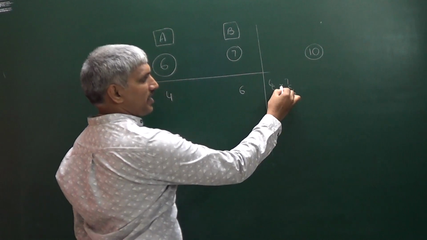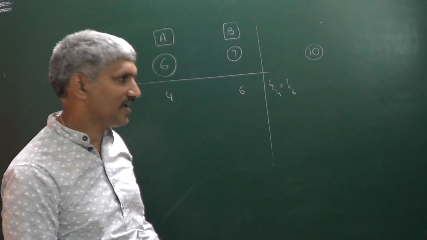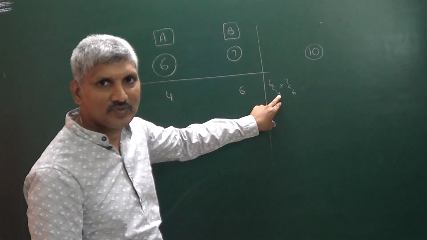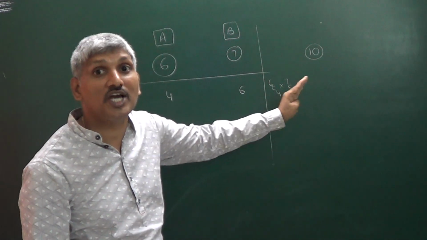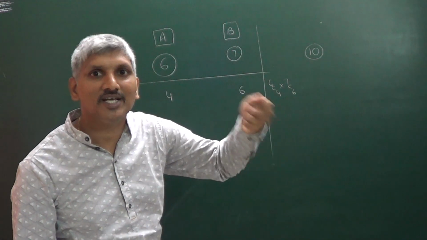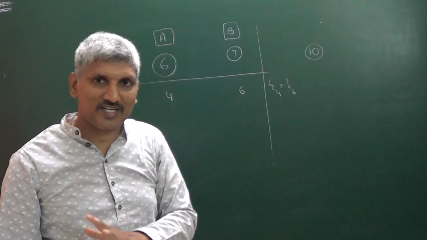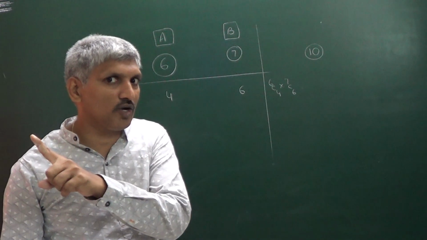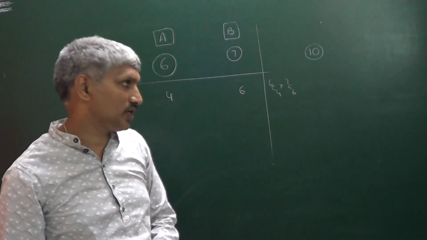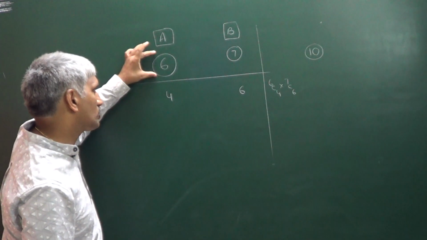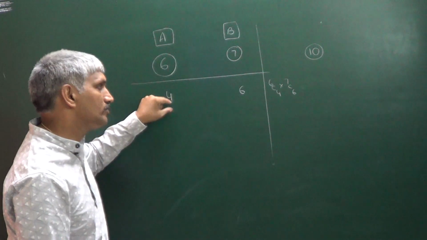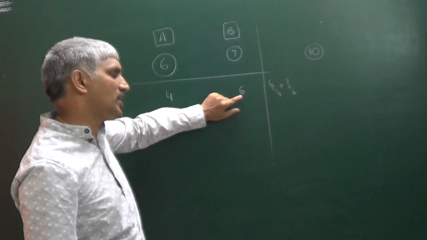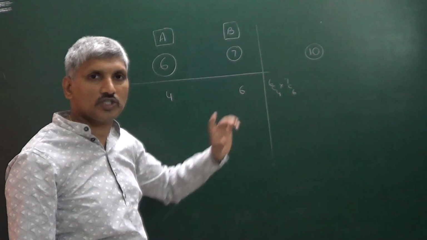We have to multiply, because only when he has answered total 10 questions is his exam completed. Till the completion of our process, we go on multiplying. So from these 6 he selects any 4, from these 7 he can select any 6, so total 10 questions he answered.